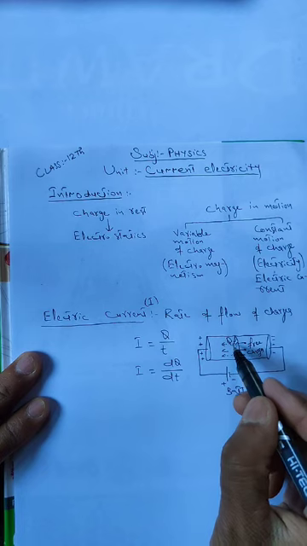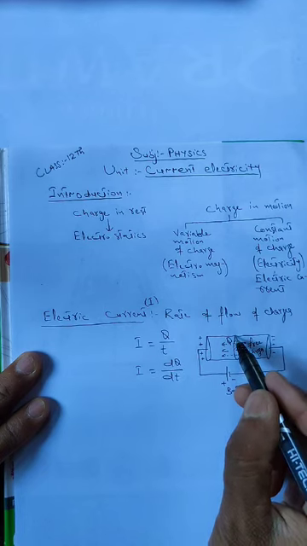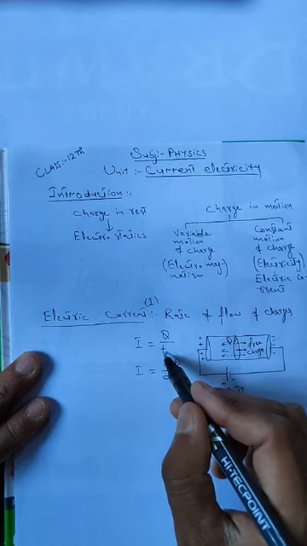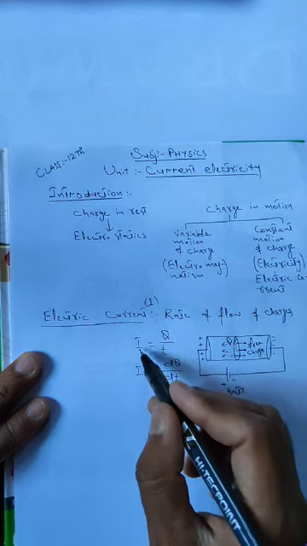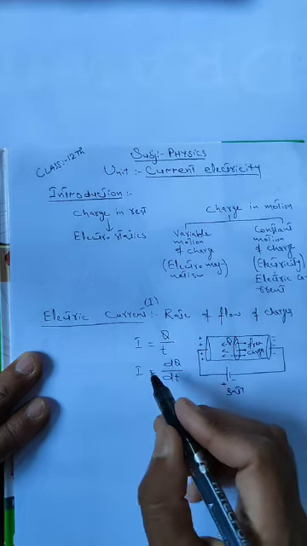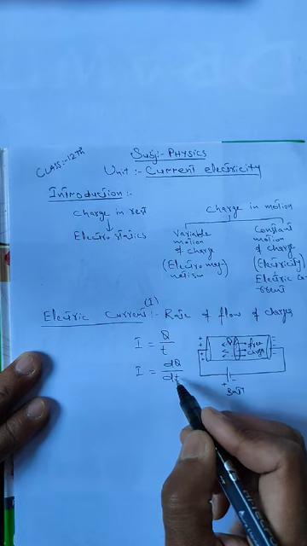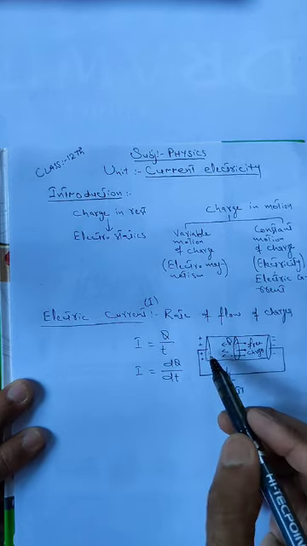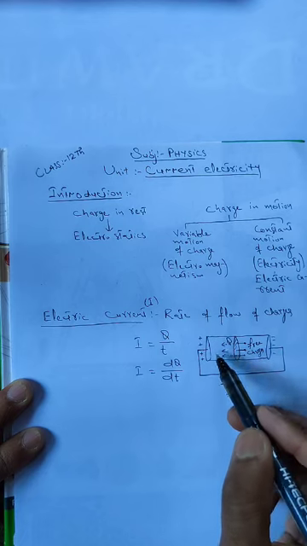Here if Q represents the charge which flows through the cross section of the conductor, and the time it takes is denoted by T, then we say I is equal to Q over T, or in small units, dQ over dt. Here is an important thing to know. Current doesn't flow by itself.